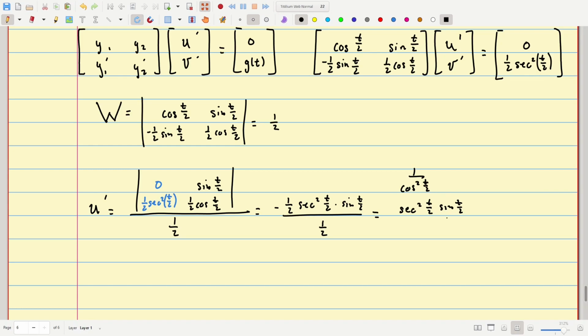And so what I can do is I can think about this entire expression as being sine over cosine times cosine in the denominator. This is tangent, and this is secant.